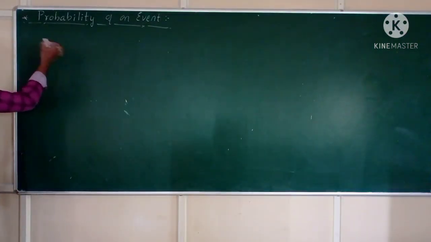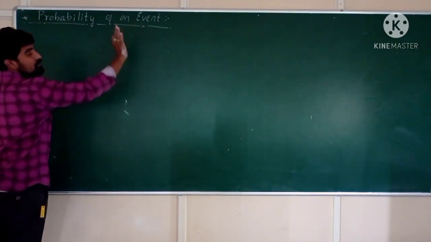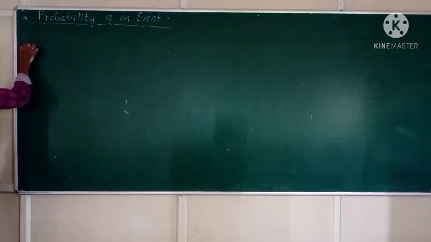First, the formula to find out the probability of any event is given by the following.